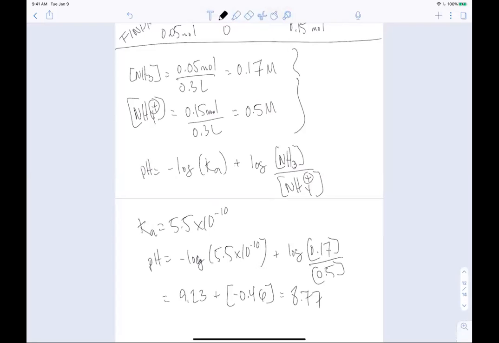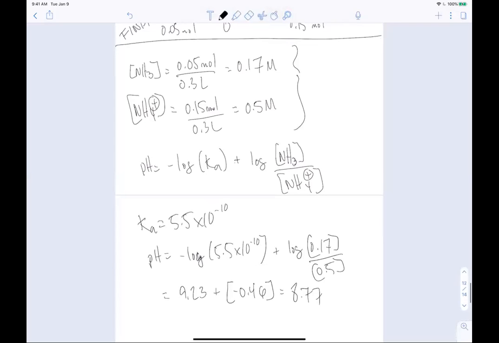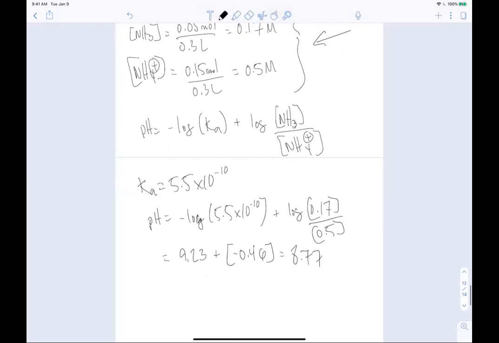The neutralization is the first step, and then you ask what situation am I in? In this situation, after all of the neutralization reactions take place, I recognize that I still have a buffer, and so I just use the buffer equation, which is the Henderson-Hasselbalch equation.